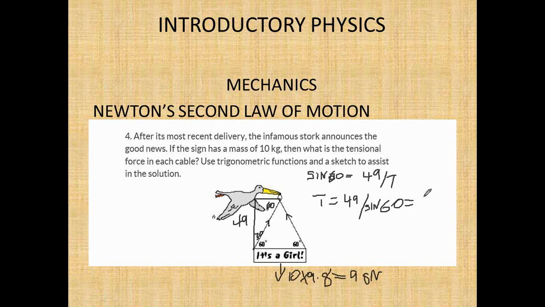So it's 49 divided by 0.87, and that's equal to 56. Okay, so the tension in the cable is 56 newtons. All right, so this tension is 56 newtons.